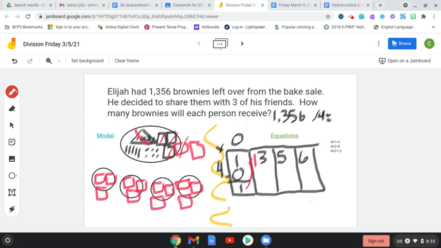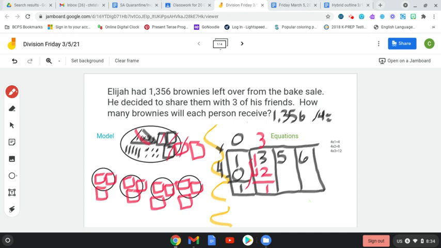Mark that out. Okay. So as you can see, I gave 300s to each group. So up here, I'm going to say that I gave 3 hundreds to each group. And in total, 3 times 4 is 12. That means I gave away 12 hundreds. And if I had 13 and I gave 12 away, that means I have 100 left.